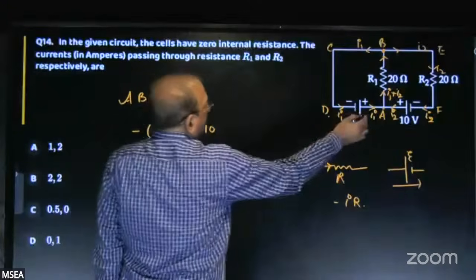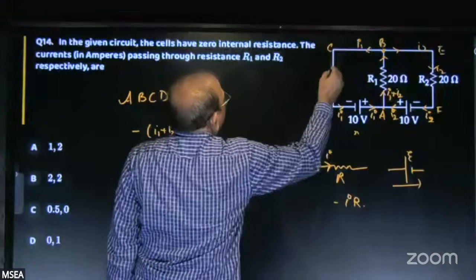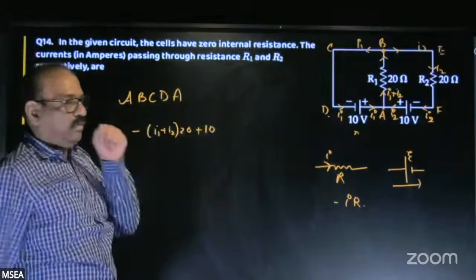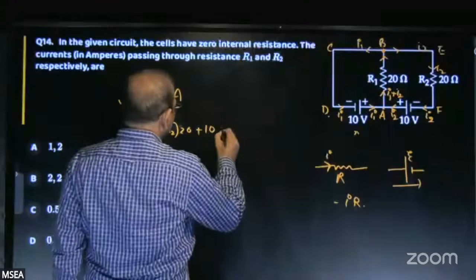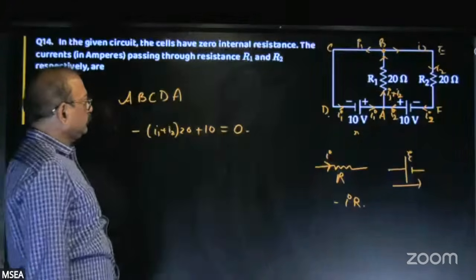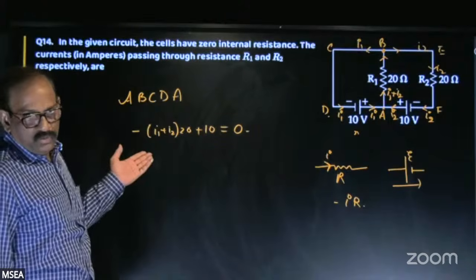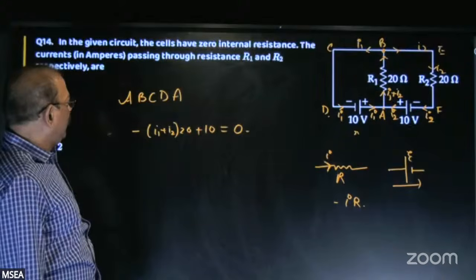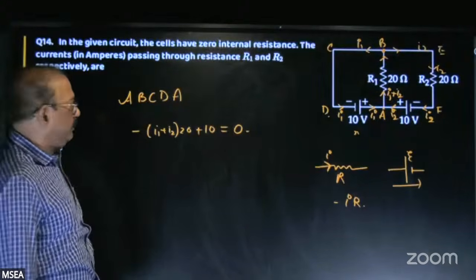This is the algebraic sum of EMFs and potential differences in this loop. This value must be equal to 0, according to Kirchhoff's second law, which is nothing but the law of conservation of energy.